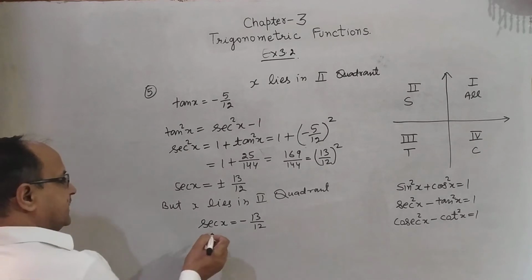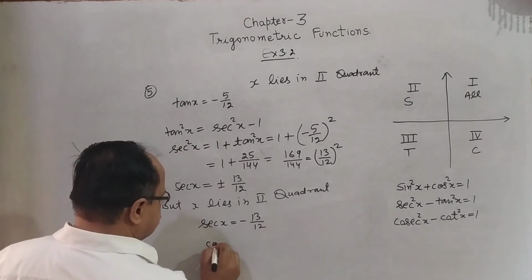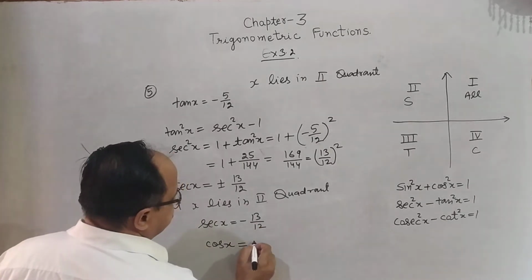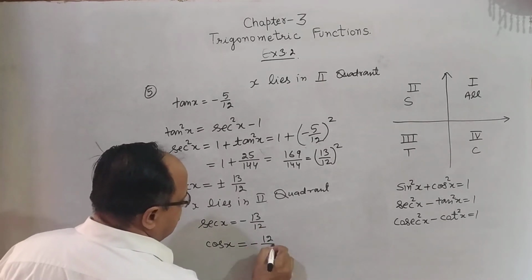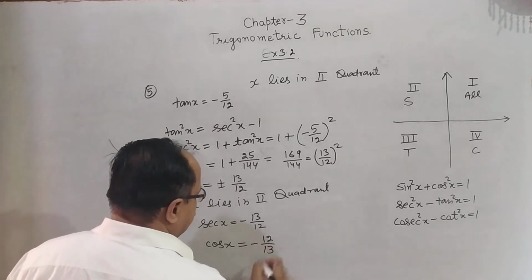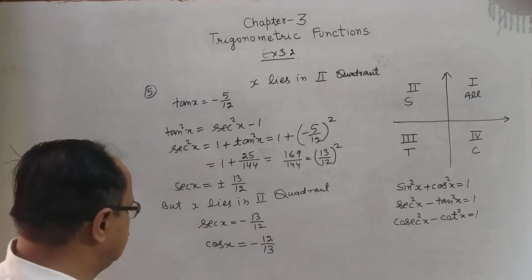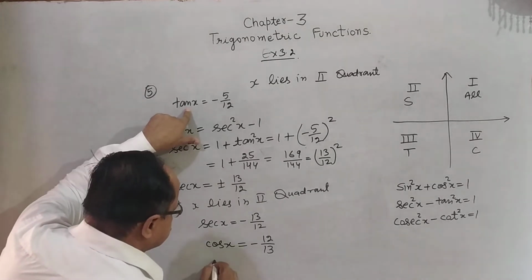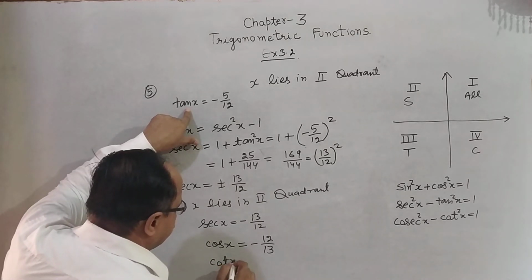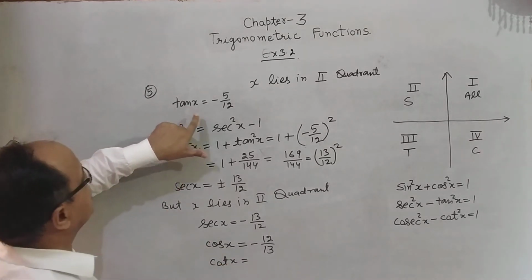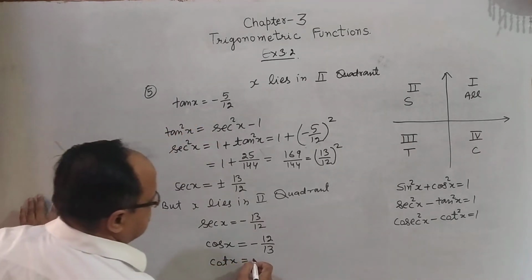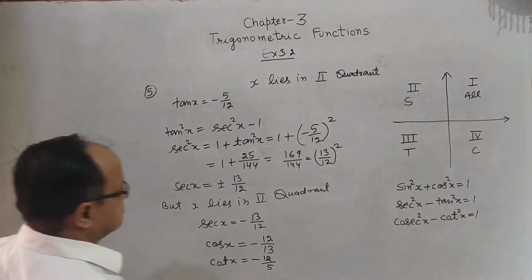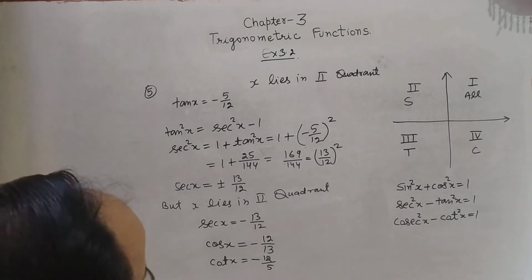So with the help of sec x, you can find cos x. Cos x is minus 12 by 13. And with the help of this, you can find cot x. Cot x is the reciprocal of tan x, minus 12 by 5.